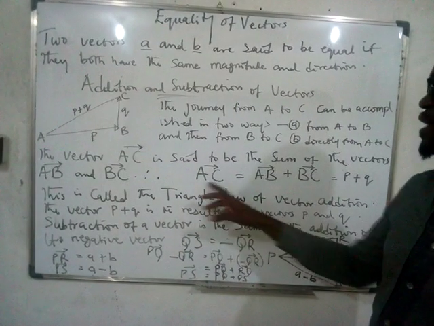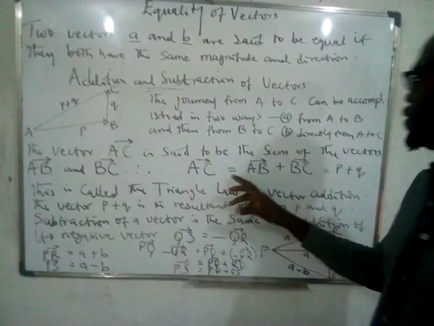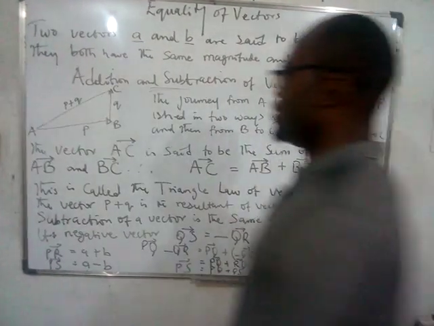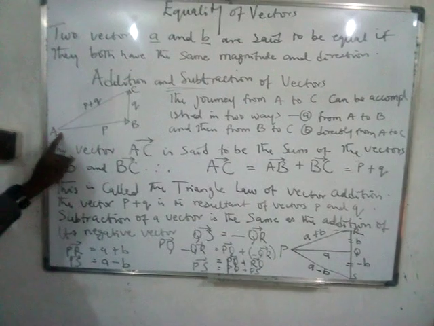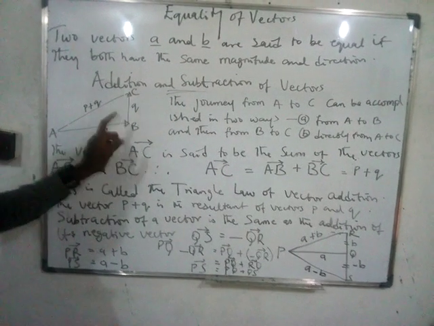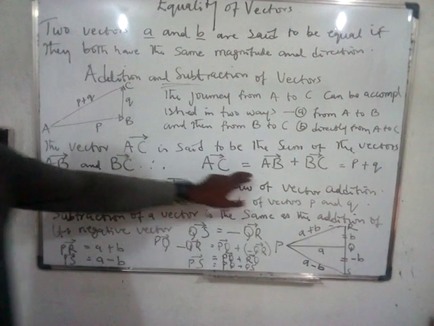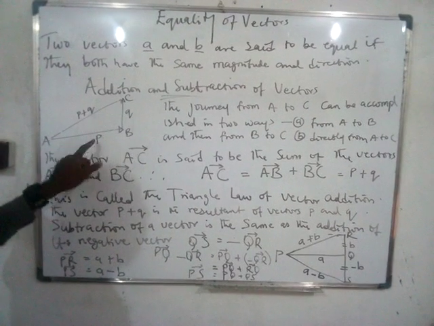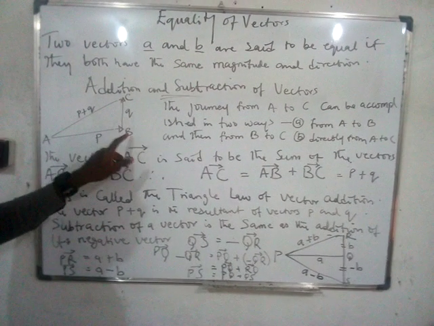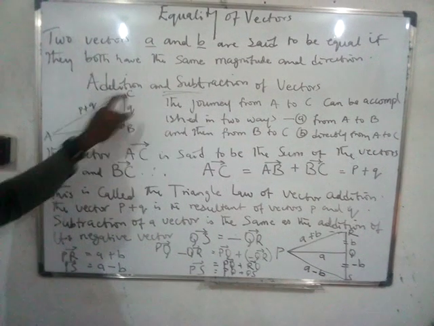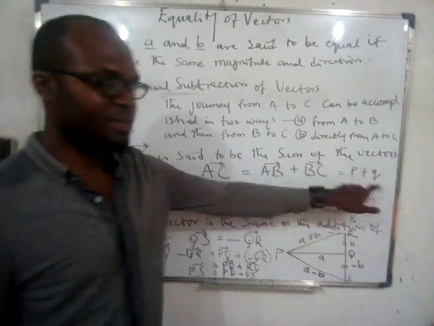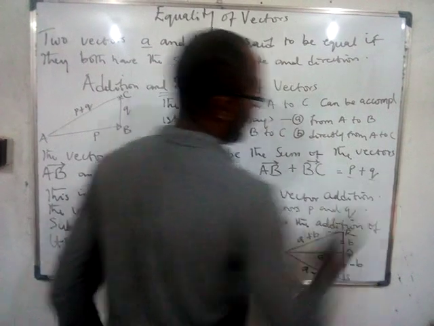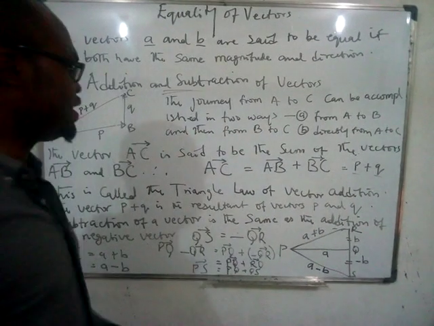So you can say that vector AC is equal to AB plus BC, because those are the two ways you can get to C from A. If you're representing AB with P and BC with Q, you can simply say that AC is equal to P plus Q. In vector notation, since I'm writing, I will have to put a bar underneath.